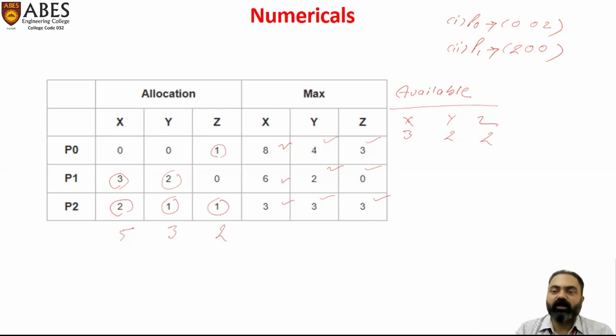Now for request 1 of P0, 0, 0, 2, first we have to calculate need.